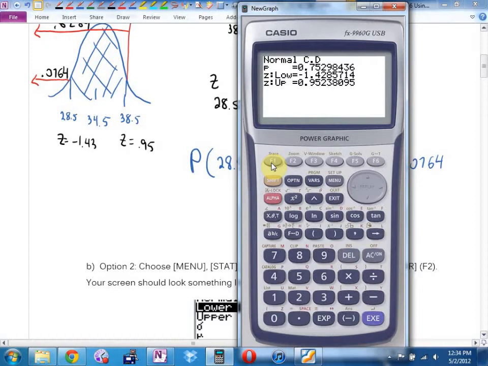What do you think Z low stands for? Is that the lower Z score that we calculated by hand? What do you think Z high stands for? Or Z up? Is that the upper Z score that we calculated by hand? And what do you think the P stands for? That's the area between them.